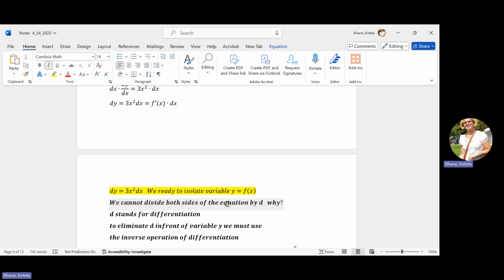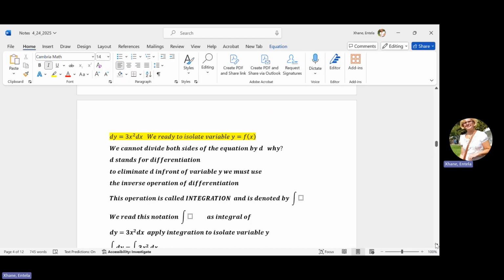This is not the same. In order for me to isolate the variable y, I have to eliminate d. And d is not just the letter d. D represents differentiation. And to eliminate differentiation, you have to use a process that is known as integration. So the inverse operation of differentiation is called integration.